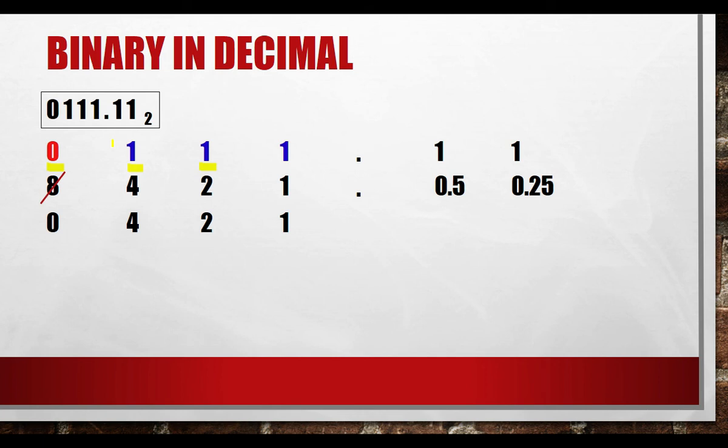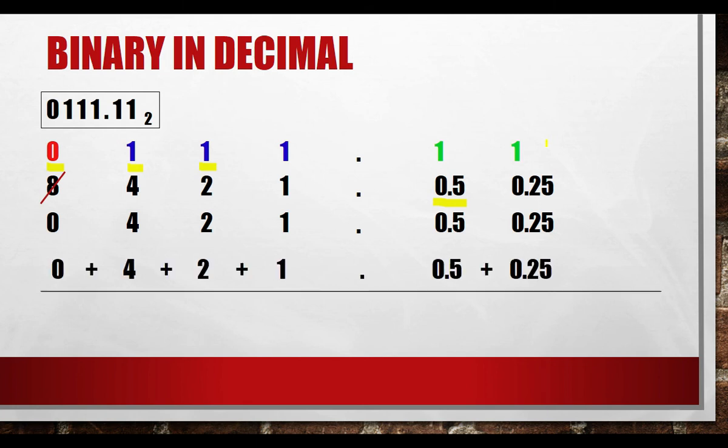On the fractional part, let's start working on this side. And we all know that our fractional part contains 1. So it means that we have to copy everything from there. 0.50 and 0.25. Then after that, we will add each number. And after adding these numbers, it will give us this result.